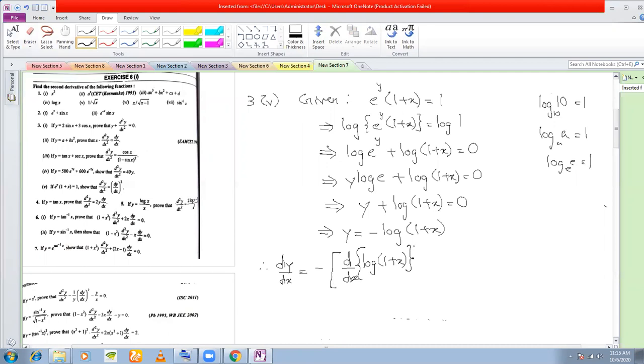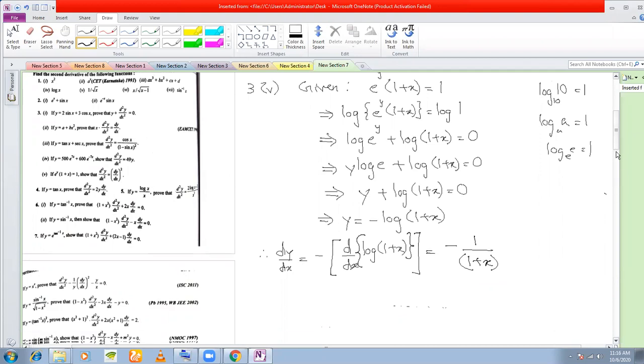Now we differentiate log 1 plus x: 1 by 1 plus x into d dx of 1 plus x, which is simply 1. So which is minus 1 by 1 plus x only.